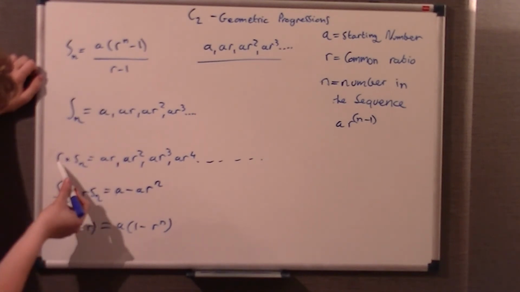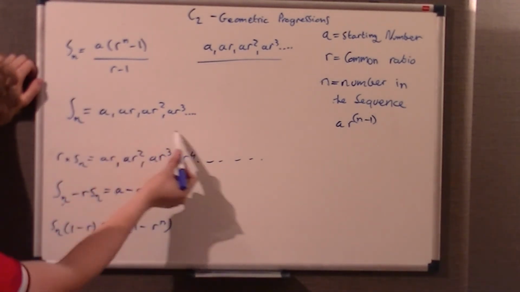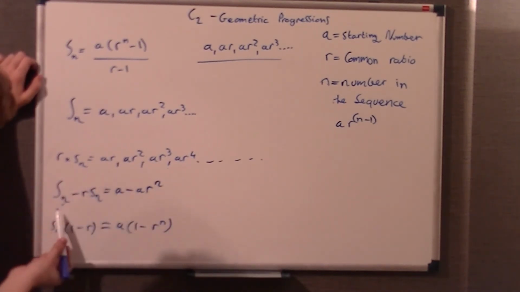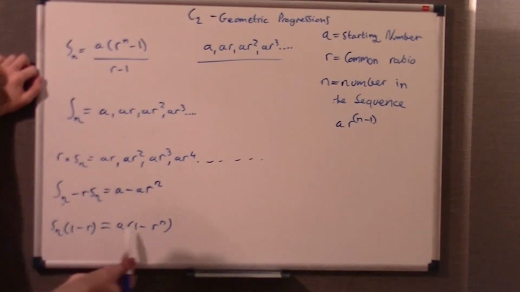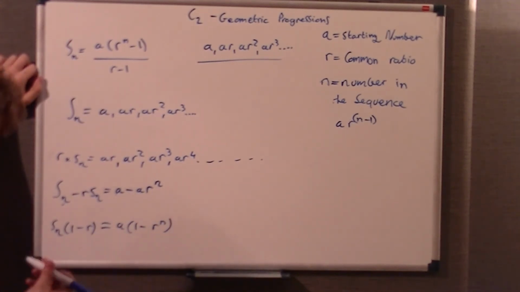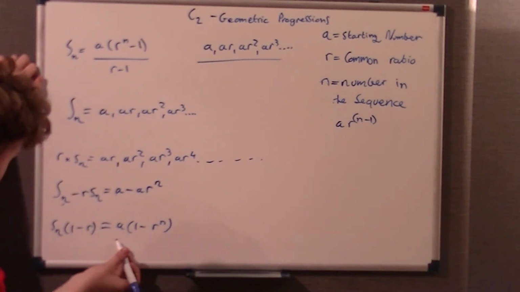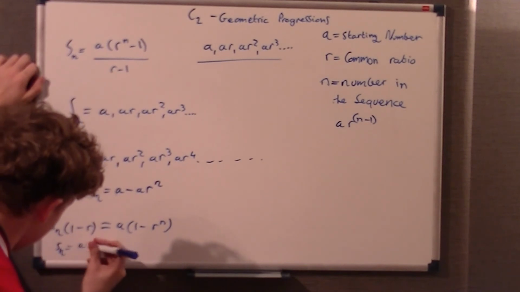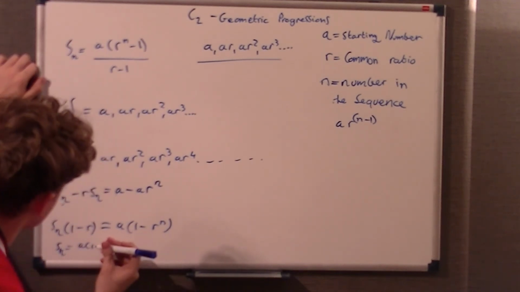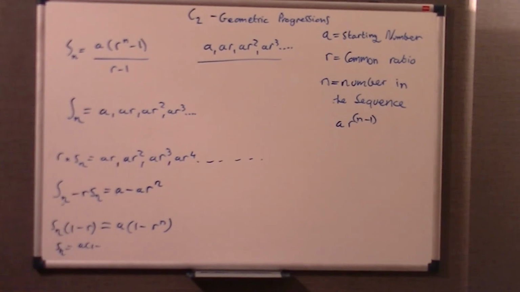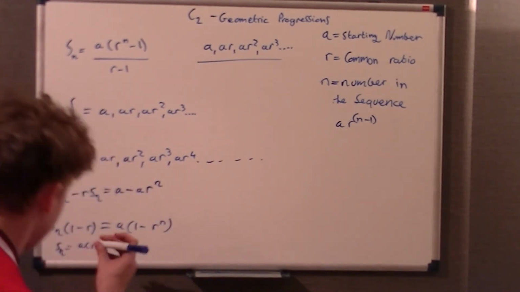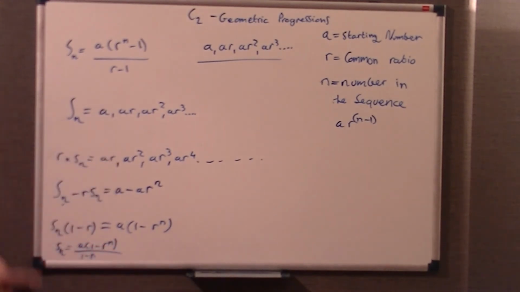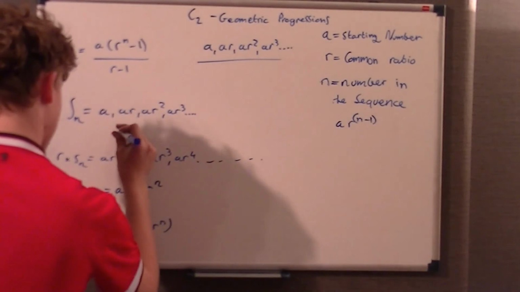So we've gone from here, multiplied by R, simplified this down as it carried on, put it back in brackets, and then we divide both sides by 1 take R, so this just becomes Sn equals A(1 take R to the N) over 1 take R. Now you can switch that round, but that's how you do that.